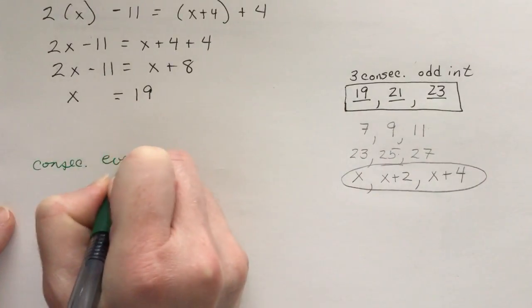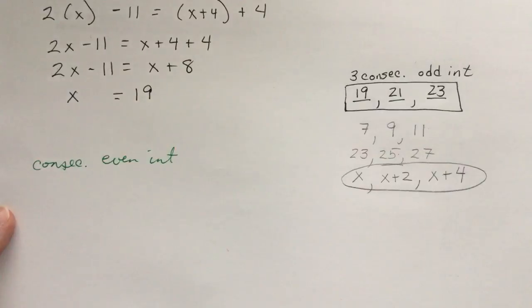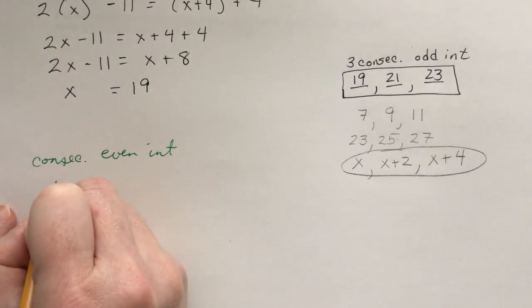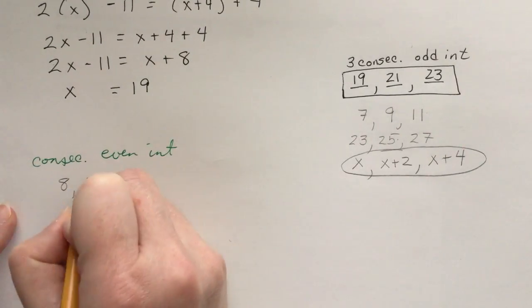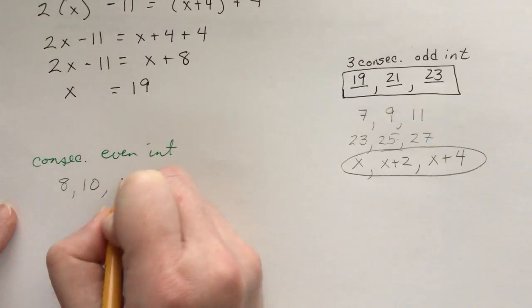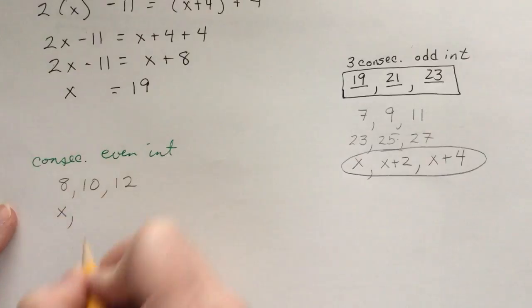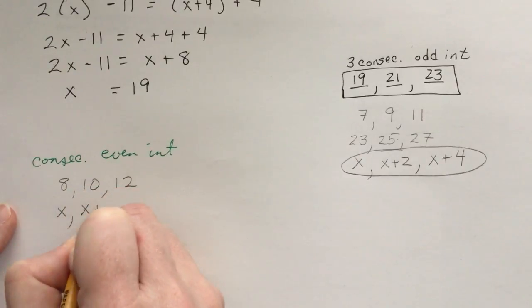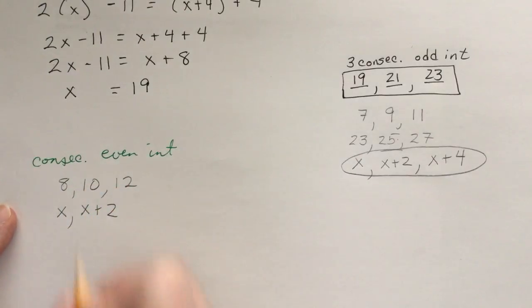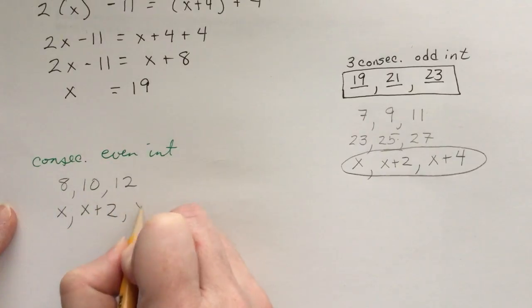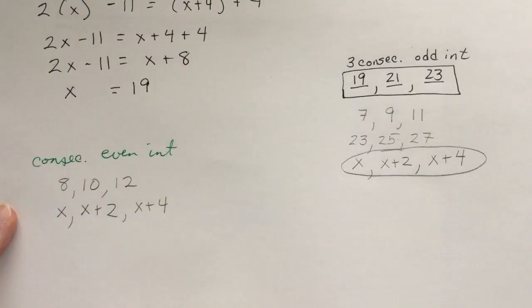If I were doing consecutive even integers, again, pick a number that's even. 8. The next would be 10. The next, 12. If I started with x, 8 to 10, x plus 2. 8 to 12, x plus 4.